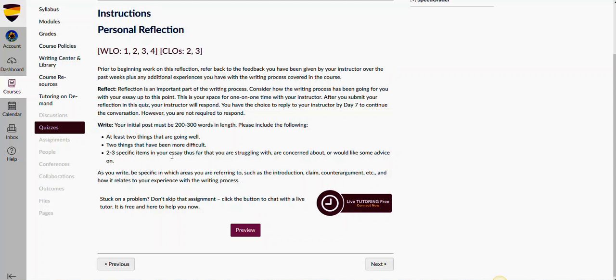Students have to do this by Thursday, by day 3, but you have until Monday, day 7, to go in there and give your responses. We are requiring that instructors respond to every single one of these essay quizzes, because students are asking you questions and needing help, and they need your guidance.